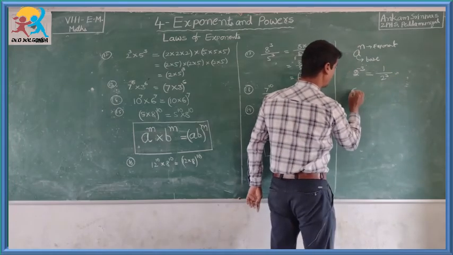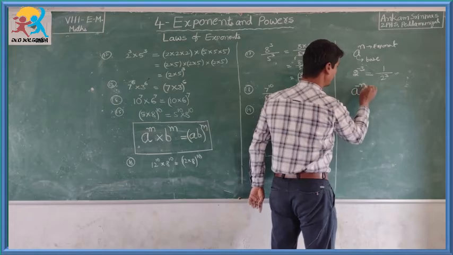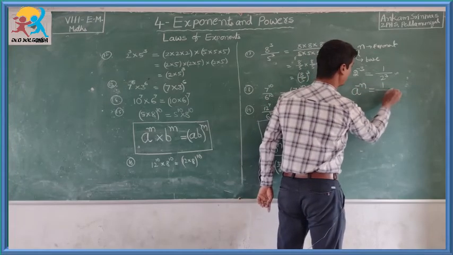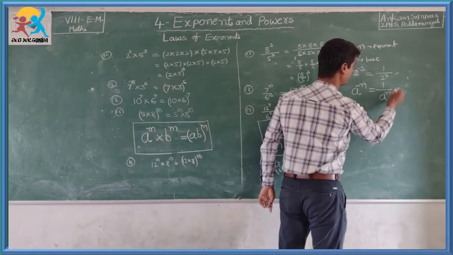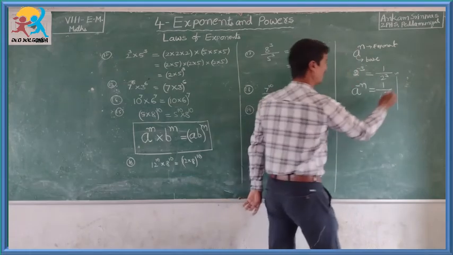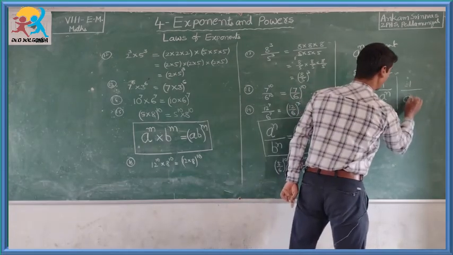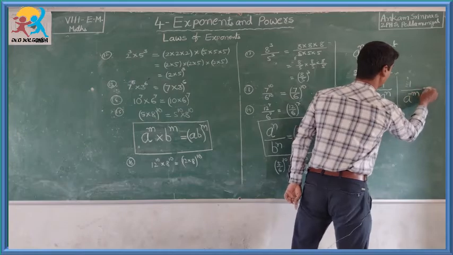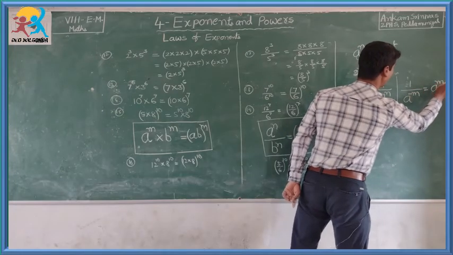That means a power minus n equals 1 by a power n, and also 1 by a power minus m can be written as a power m.